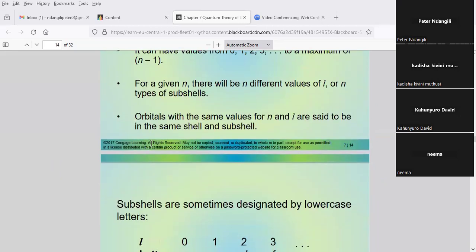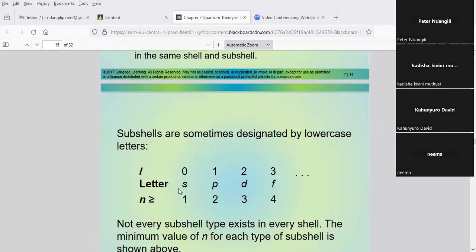So these values of L are designated by these letters that we have here. When L is equal to 0, we call it an s orbital. When L is equal to 1, we call it a p orbital.